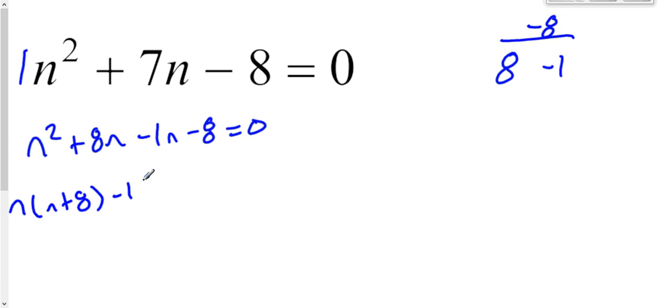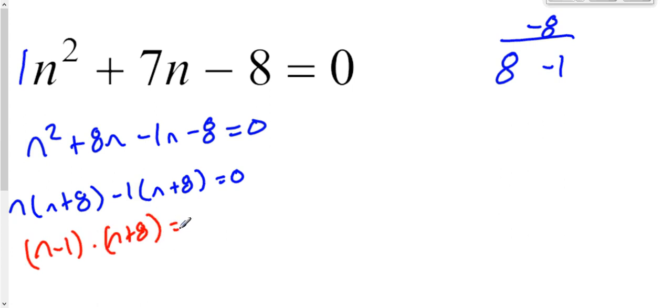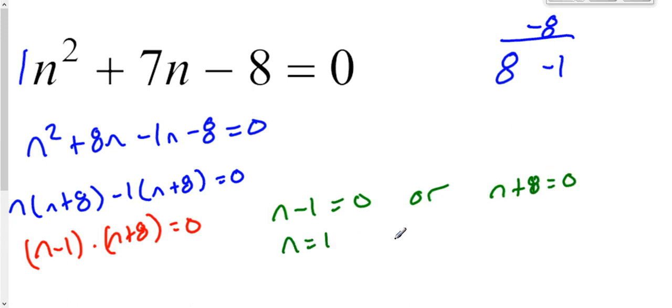We could take a negative 1 from the second one. Brings us n minus 1 times n plus 8. This group, n minus 1 equals 0, or n plus 8 equals 0. So n is 1, or n is negative 8.